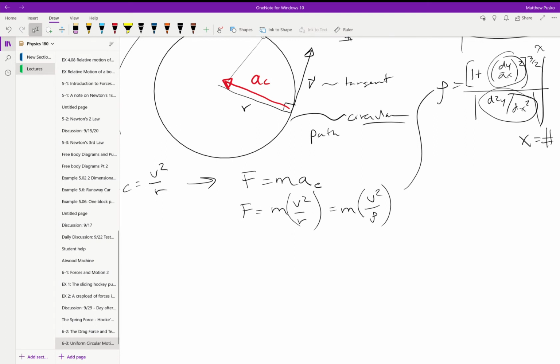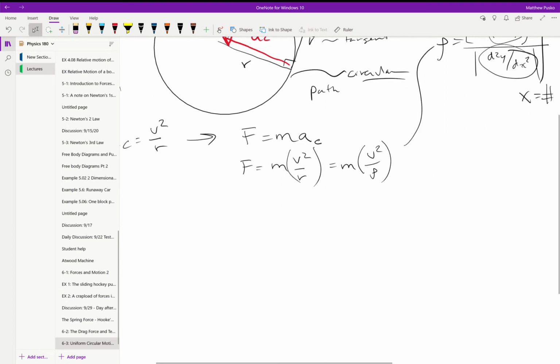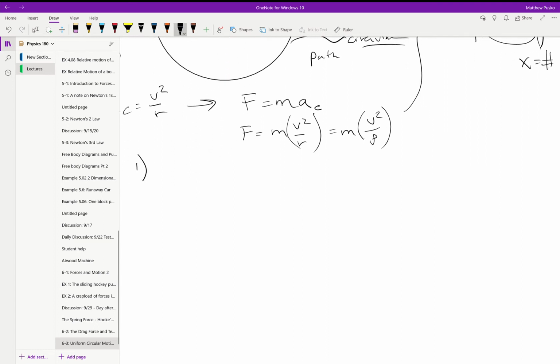Let's also take a look at a couple of examples. One, and these are in your book, is a car going around a corner. And we'll say it has a constant speed for the time being.